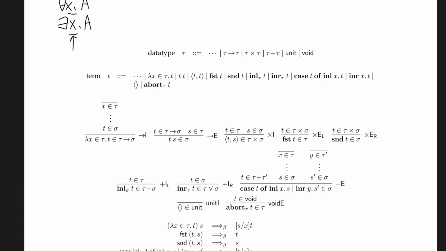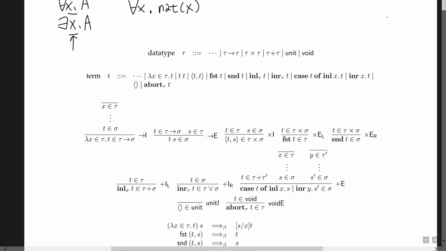So in order to state that, for example, there exists a natural number that satisfies a particular property A, we would write for all x, if x satisfies this predicate nat, then it satisfies A.